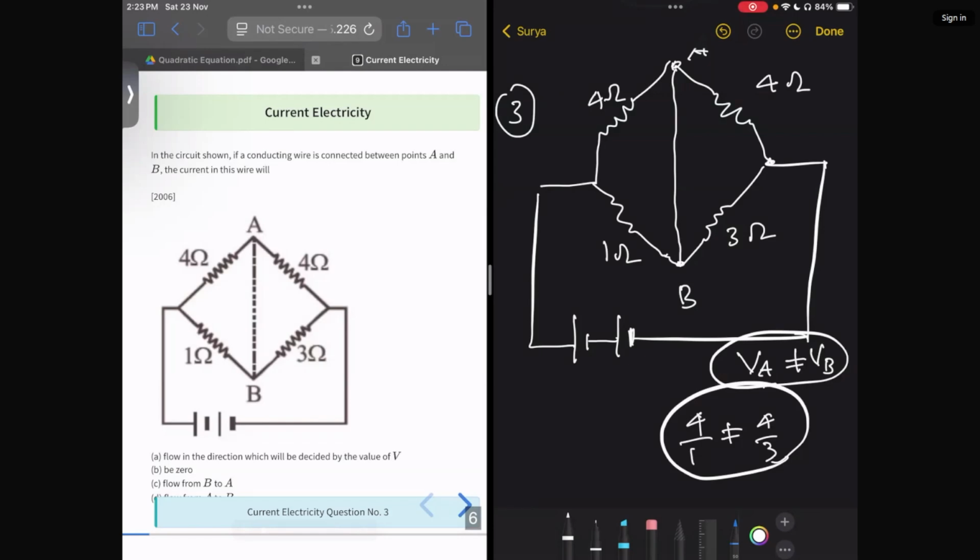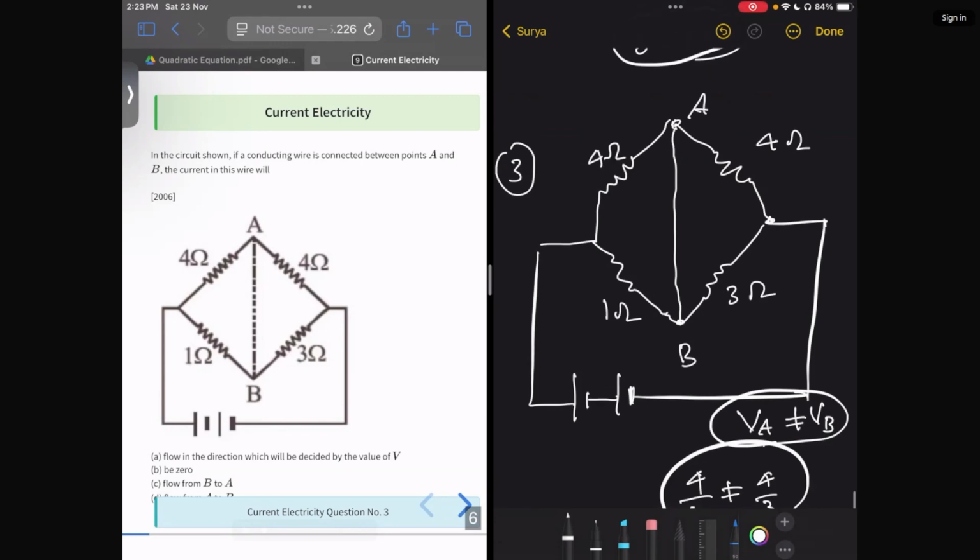Carefully, we can say that the current will always flow from higher potential to lower potential. So we have to know whether VA is greater than VB or VA is less than VB. Then we will get to know the direction of the current. There will be a potential difference between these two, which we take as V. There will be a 4 ohm resistance and a 1 ohm resistance, right?